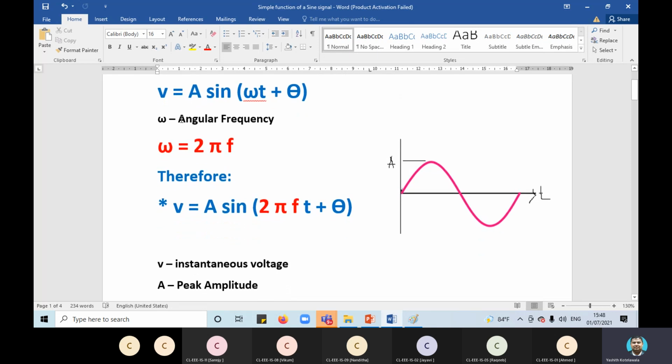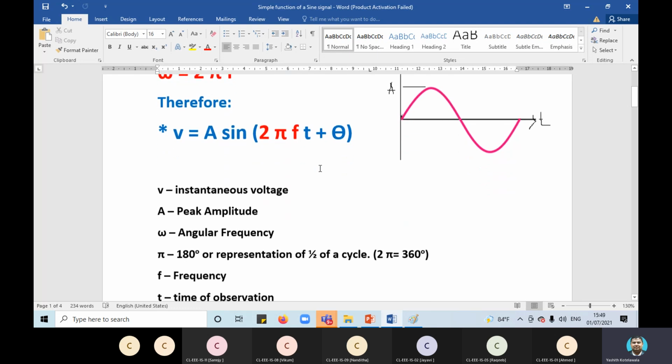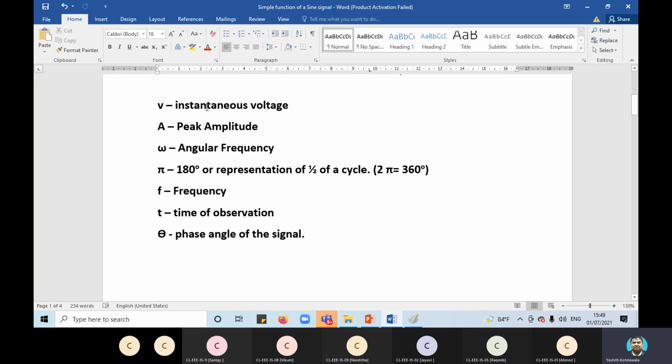Omega is angular frequency when it comes to communication, not physics or dynamics. In dynamics it is angular velocity, but here it is angular frequency, based on how many complete cycles. So omega is equal to 2 pi times f. Therefore, by replacing omega, you get A sin(2 pi f t plus theta). And here we have the introduction for each term.